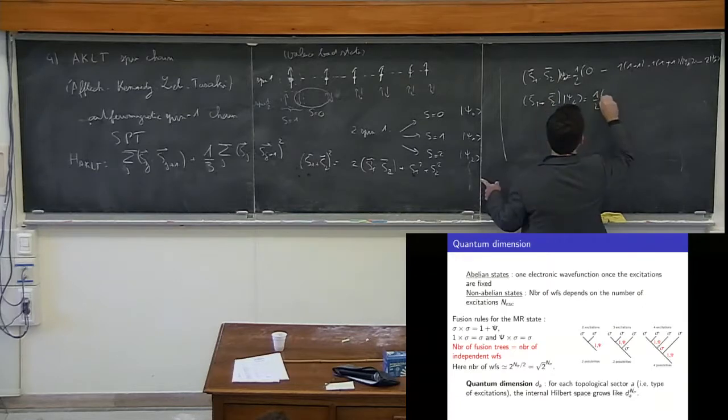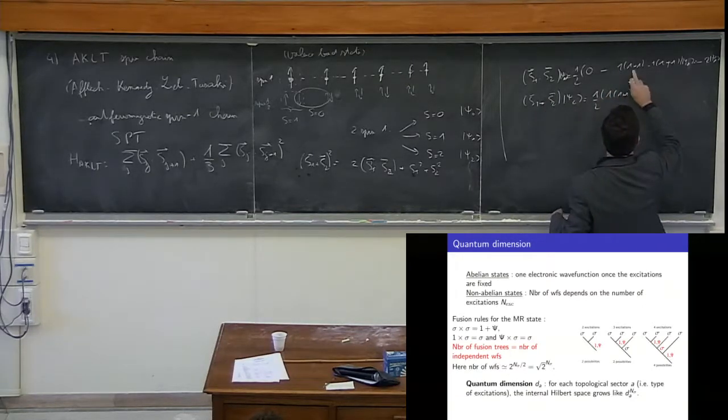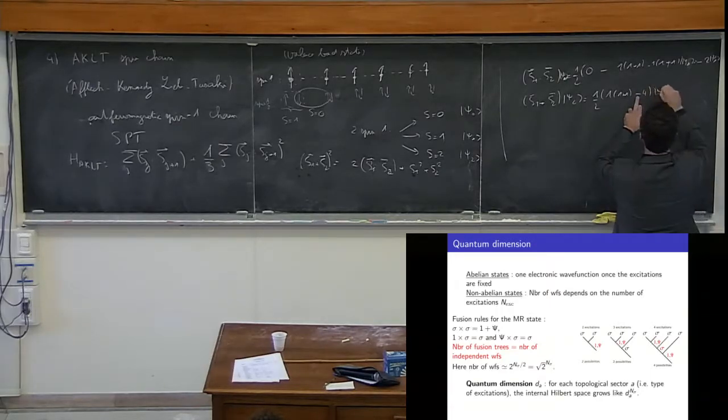Now you get 1, 1 plus 1, minus, so it's the same result here, so it gets the minus 4, so it gets minus 2, which gives you the minus 1, psi 2.